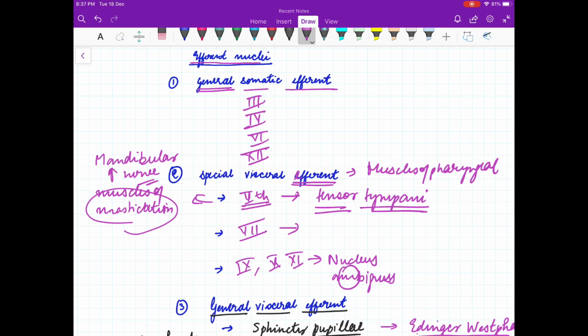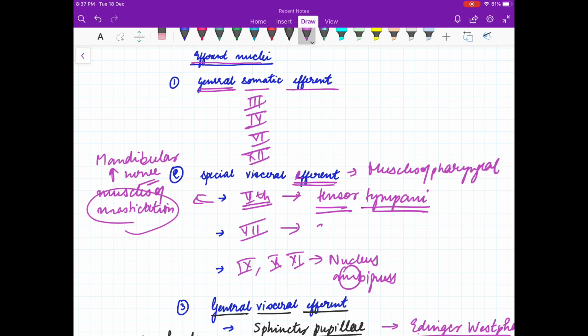Seventh nerve supplies, as you have learnt, stylohyoid muscle, because it is a component of second pharyngeal arch. And nucleus ambiguus supplies muscles of the larynx and pharynx.